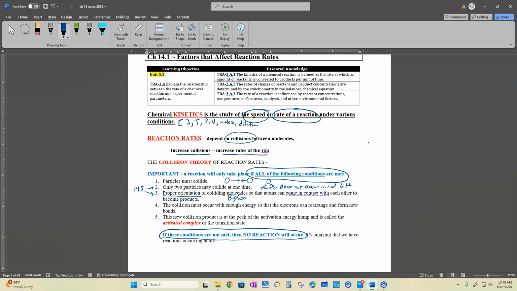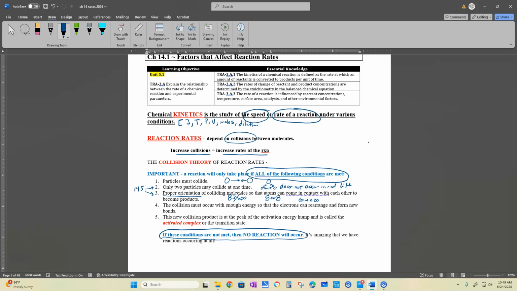You want them lined up in the same orientation to come into contact with each other. Or maybe they're diatomic this way and they make contact. Same thing, 14.5, we'll talk about that orientation. They've got to be lined up in a certain way.